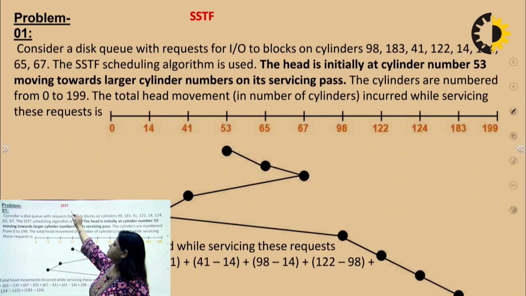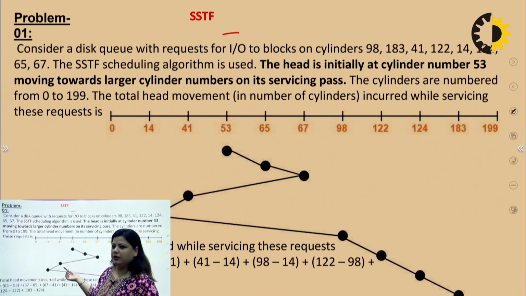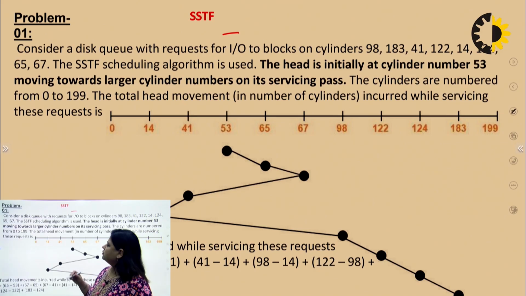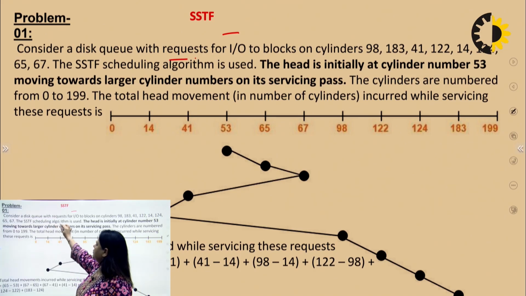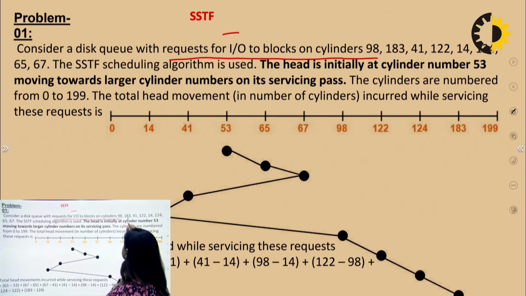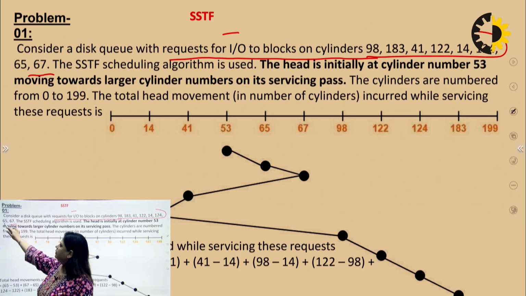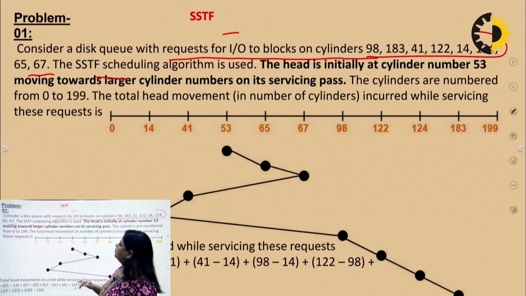Now in SSTF, there is a numerical part, how we solve the problem of the shortest seek time first disk scheduling algorithm. Consider a disk queue with requests for input output blocks on cylinders, given in the question, and the SSTF scheduling algorithm is used.